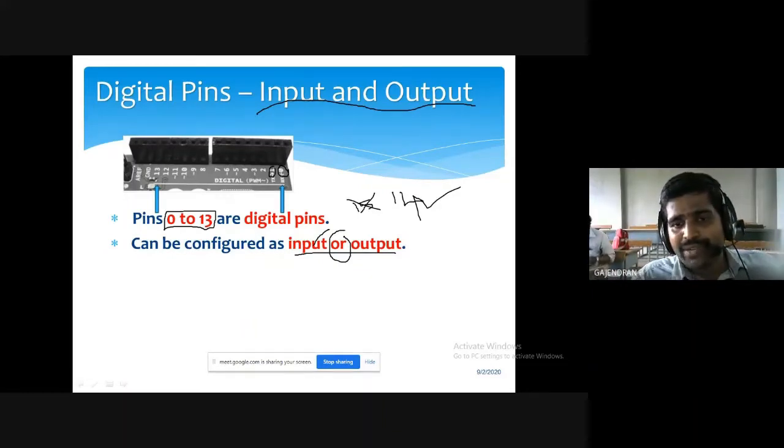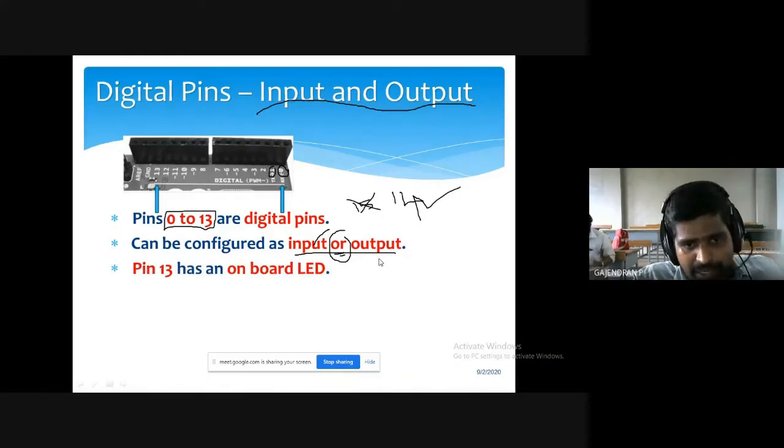You can connect either sensors or actuators, isn't it? So once you fix the hardware, you are not going to change the configuration of the pin. In few cases only we will do that. That and all we will see later. At this point of time, these pins can be configured as input or output. Okay, that is the second point.